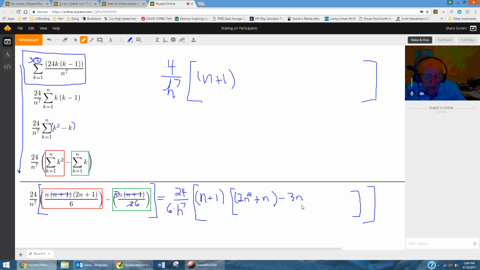And this trinomial actually simplifies to 2n squared minus 2n. And I can see I can factor, oh, this is an n, not an h. I don't know why I wrote an h. Well, I can factor 2n from this binomial.